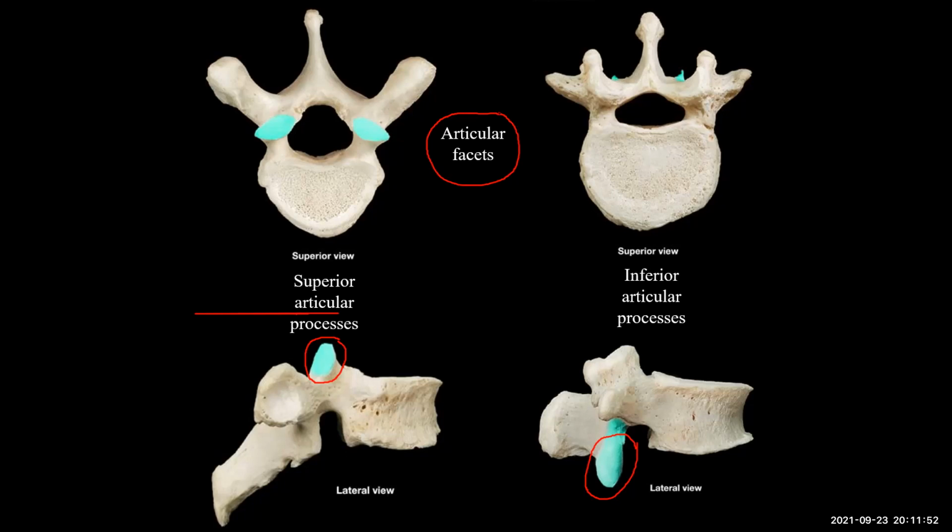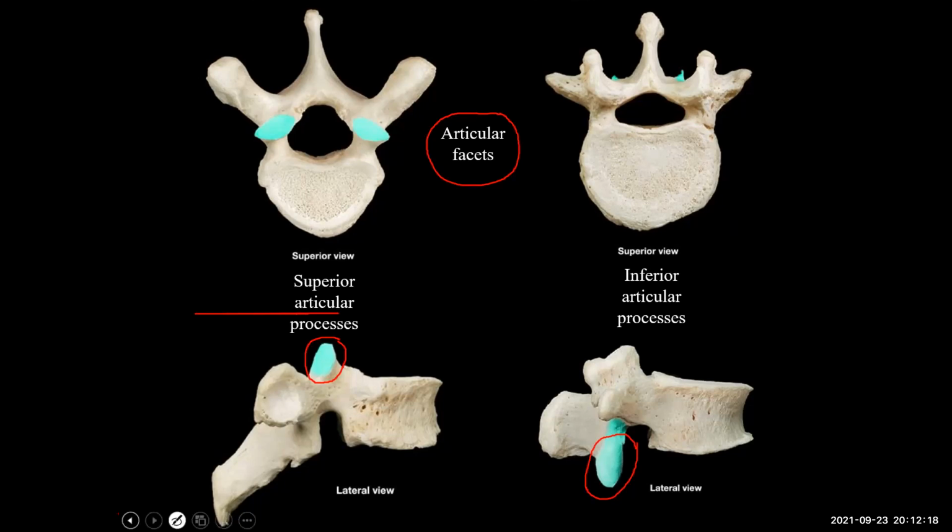A facet is a smooth, normally flat surface on a process. And it's smooth and flat, and so that means it is going to be the part of the process that is going to actually make contact with the other bone that it is going to form a joint with.